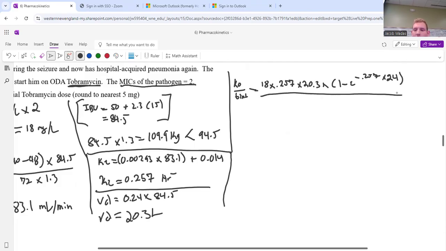All of this is over 1 minus e to the negative 0.257 times the time of infusion, which is 1 hour.